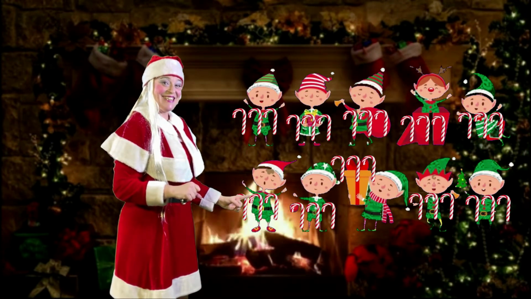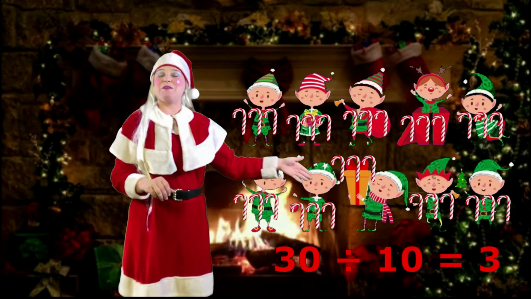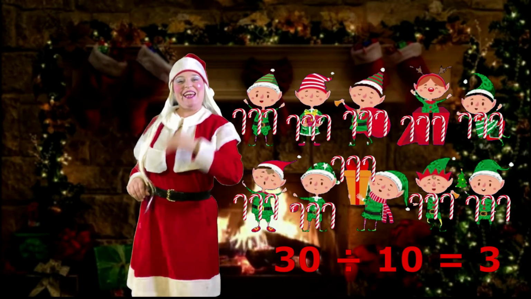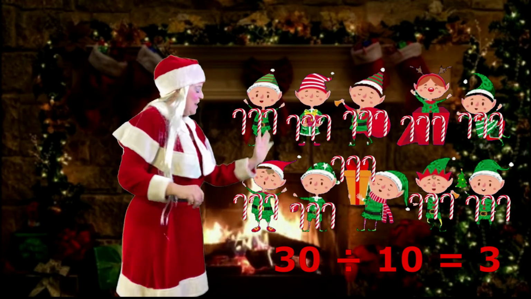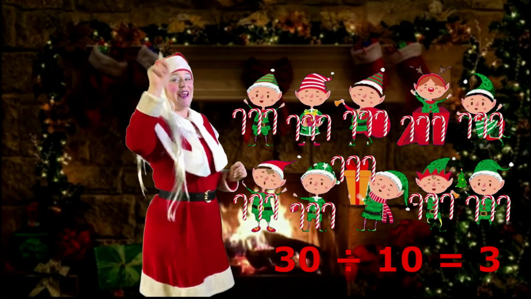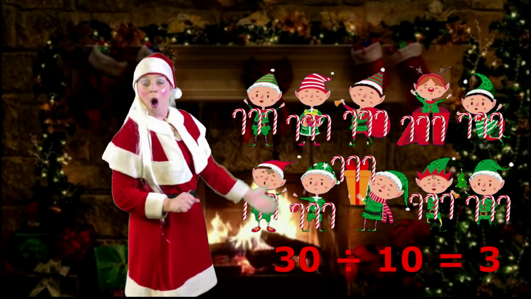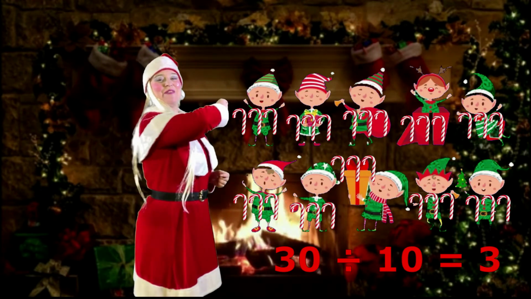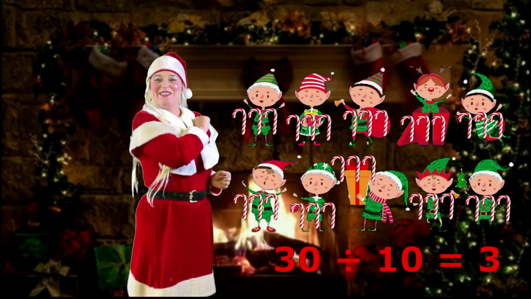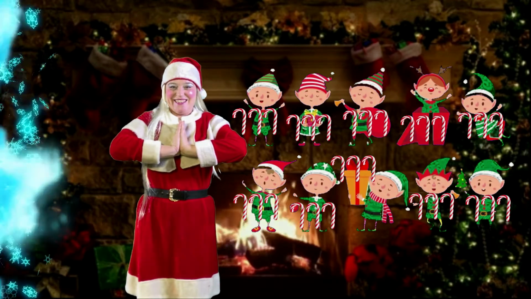Did you get it? 30 sweets shared between 10 elves is 3. 30 divided by 10 is 3. So if we share 30 sweets between all of these elves, each of them will get 3 sweets. Very well done.